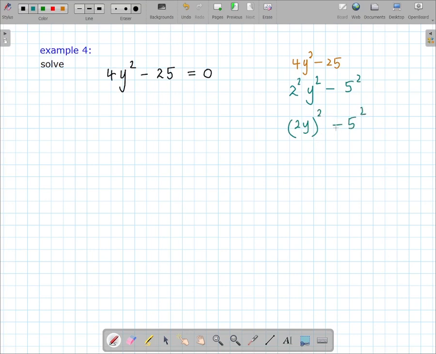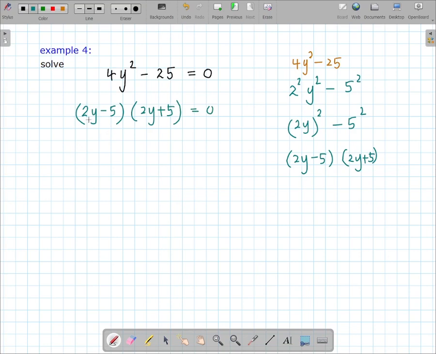So this is a difference of two squares. Then I can write the factors 2y minus 5, 2y plus 5. Then I write that here: 2y minus 5 times 2y plus 5 equals 0.